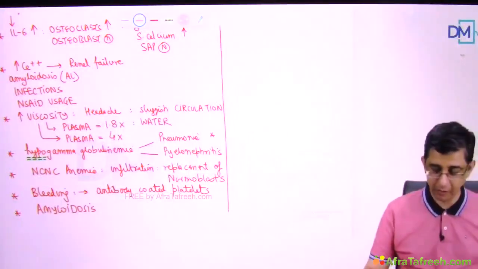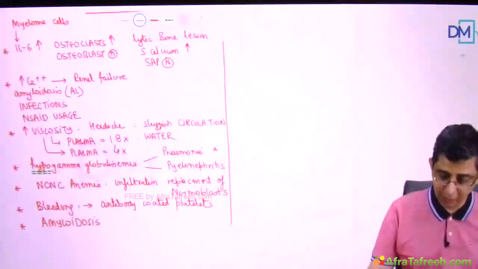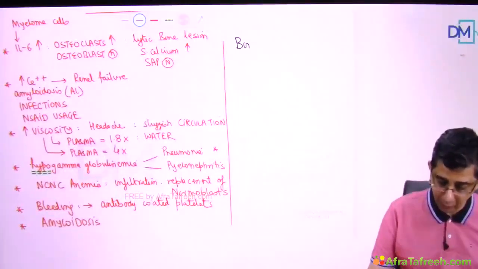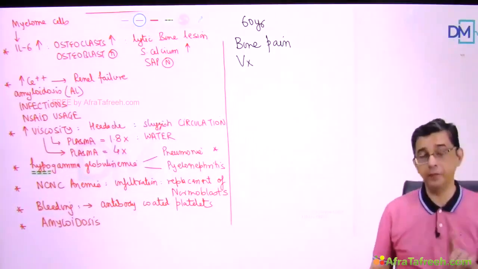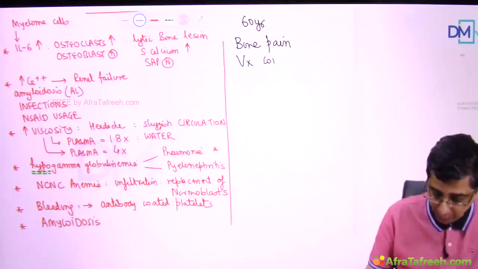I'll just use a different ink to highlight that. The most common symptom of this patient would be bone pain. The disease would start in, say, a 60-year-old man. Bone pain is the number one symptom. It usually starts in the vertebra and can be dangerous enough to cause a compressive myelopathy.